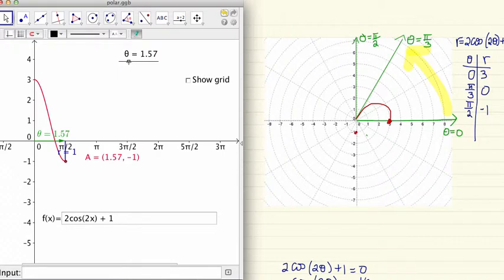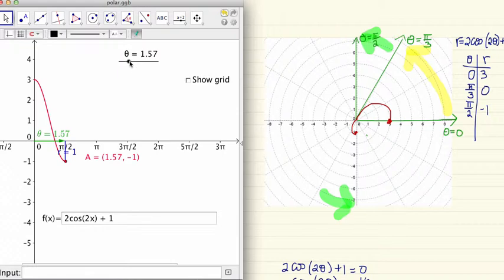And I'm looking at angles from pi over 3 to pi over 2, but because r is negative, I'm really going to draw my curve over here, starting at the origin and ending 1 unit away, so something like that. Okay, so we're done with the first quadrant.